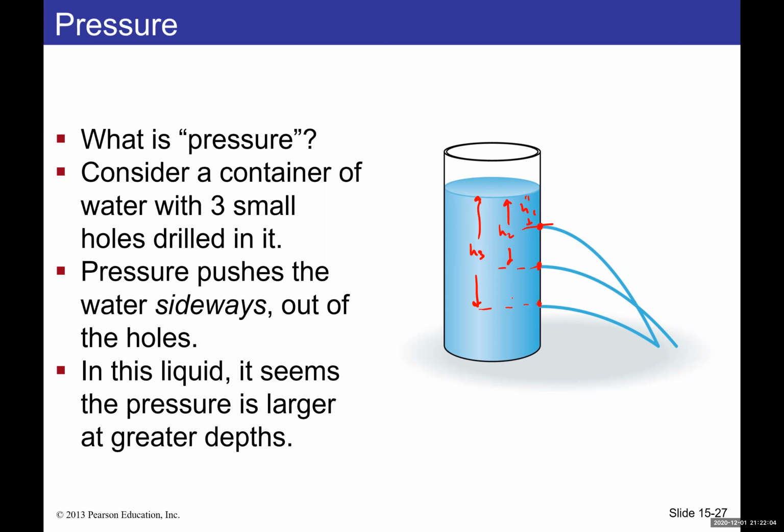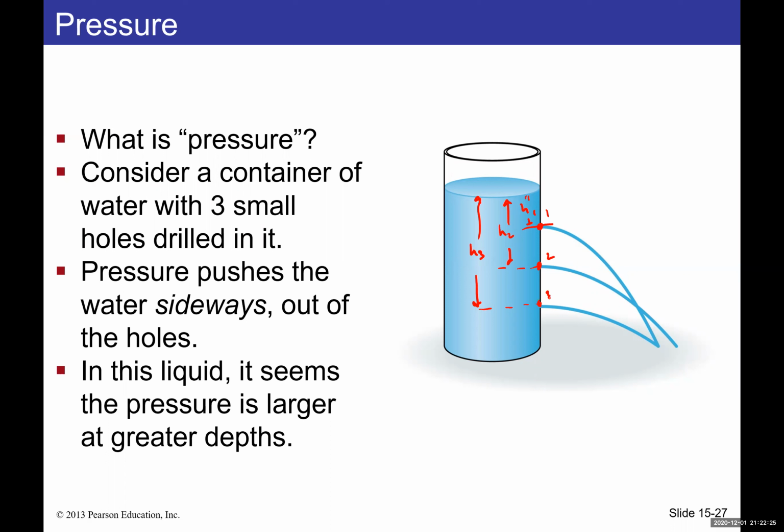And remember, the idea here is this. Pressure comes from water molecules moving in the container and colliding with the container wall at three positions: position one, position two, and position three.